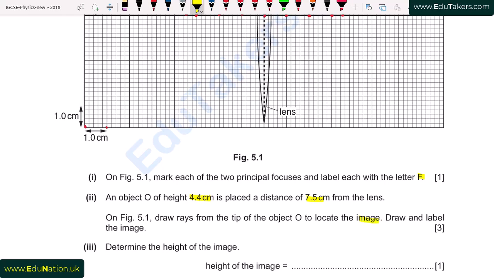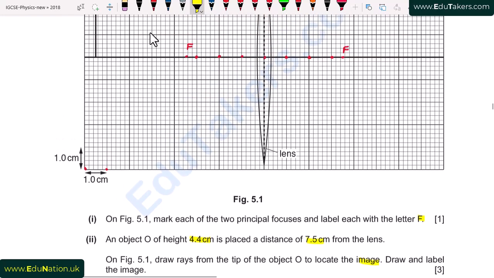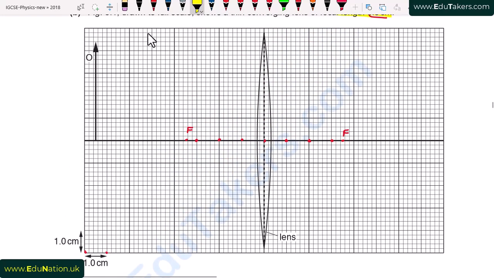Draw and label the image. So going back to figure 5.1, here is the object and it is placed at some distance from the lens. In order to form the image, we have to know how the image is formed.